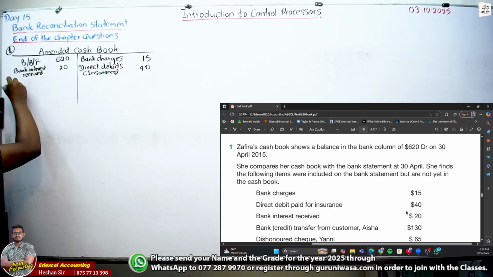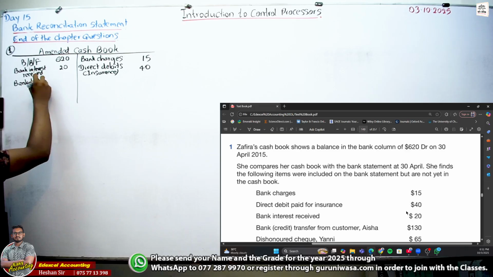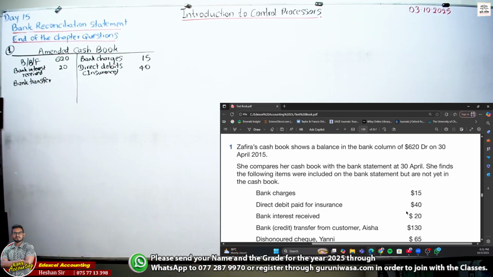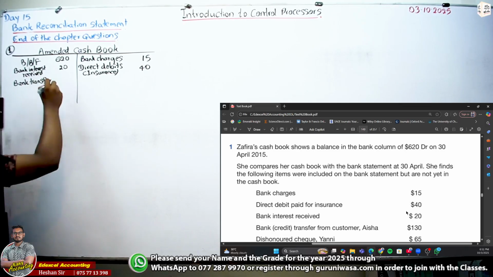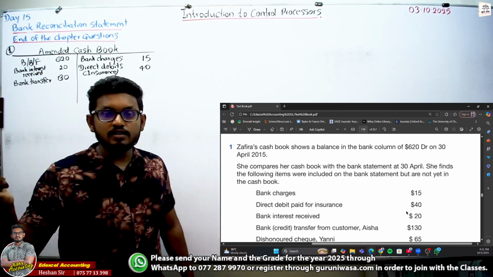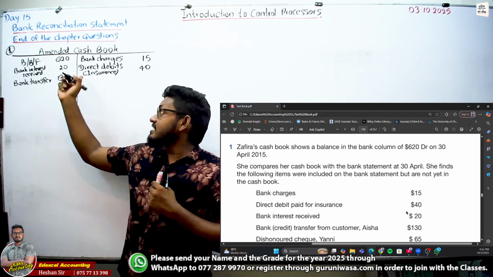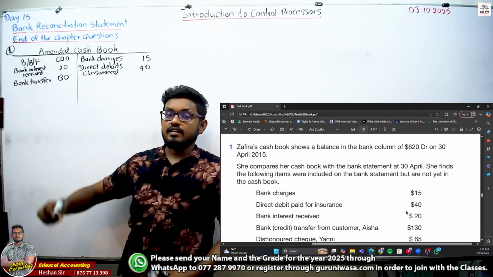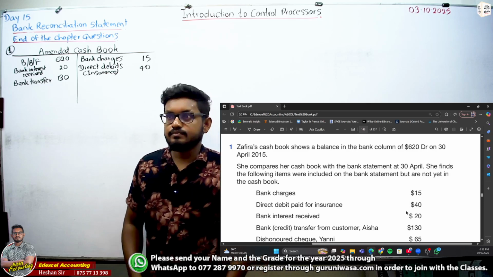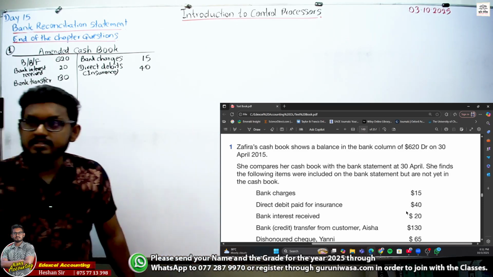Bank transfer, 130. Credit in the bank statement means bank account debit.